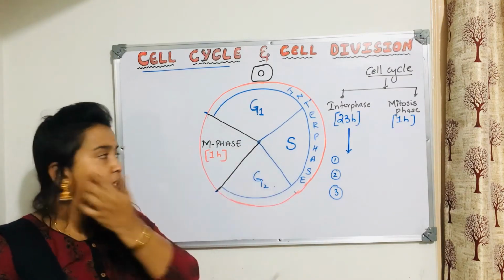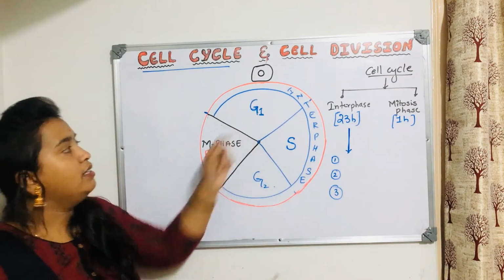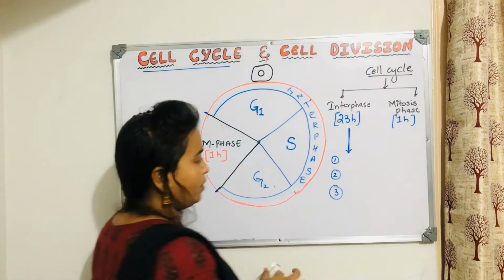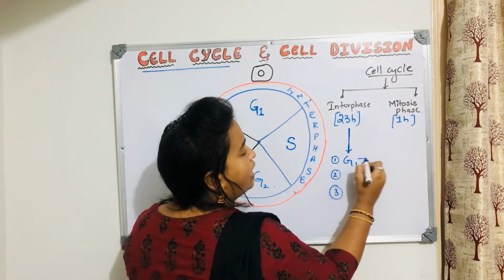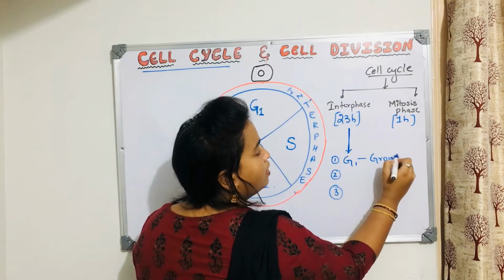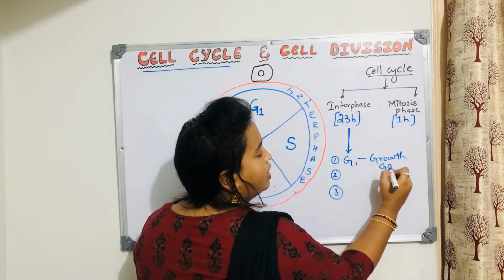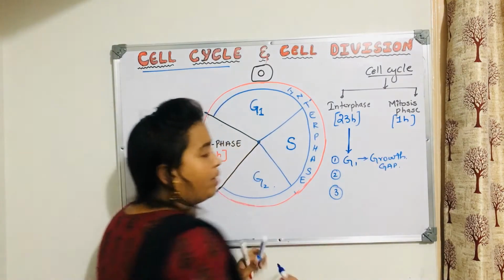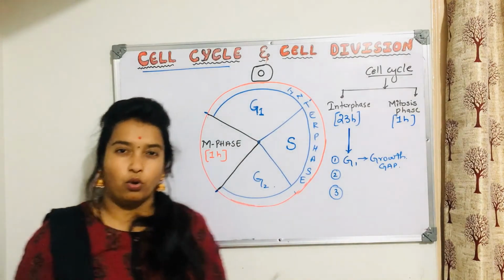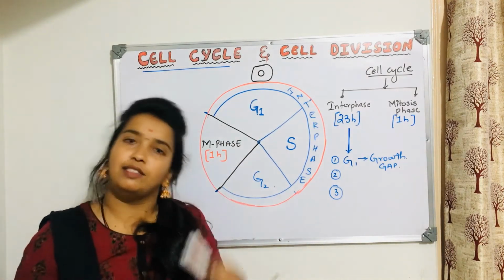So we will see in detail what it is. You can also call G1 the growth phase, or you can also call it the gap phase. It's left to you. But the more convenient one is growth phase, because what is happening here is growth.